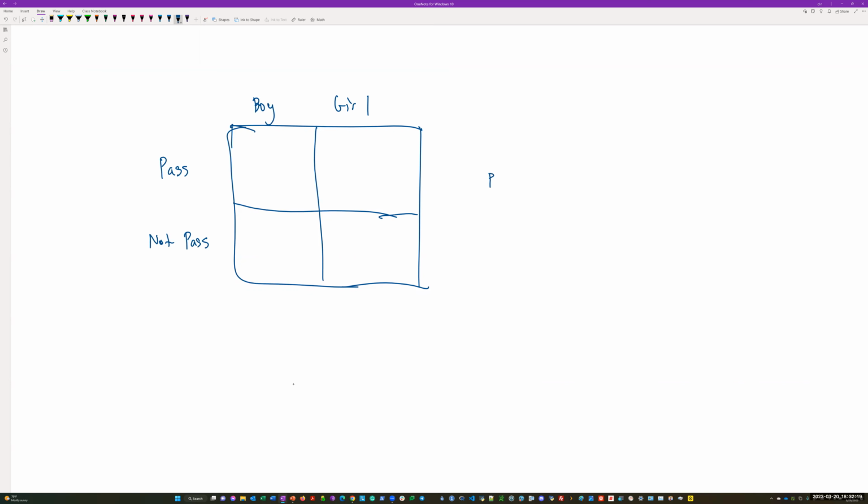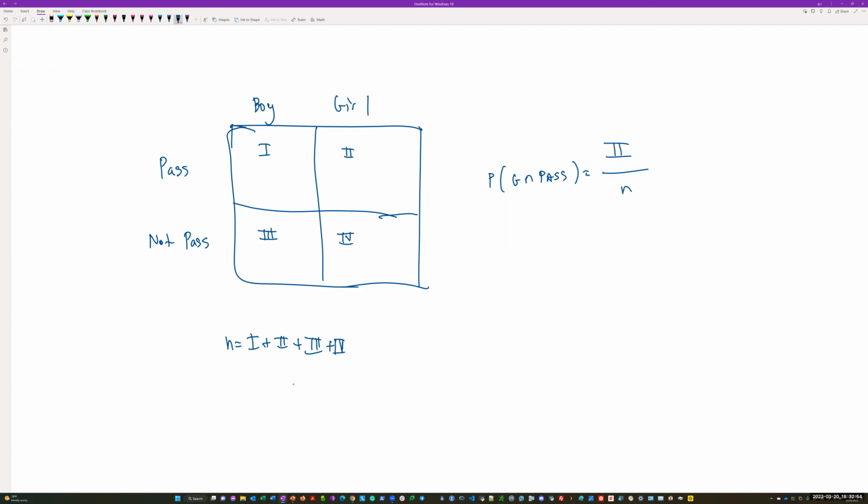Now, if I say to you, what's the probability that you're a girl and you pass? Let's say there's 1, 2, 3, 4 in the cells. Let's say the total, n, is equal to 1 plus 2 plus 3 plus 4. The chances you're a girl and you pass is 2 over n.